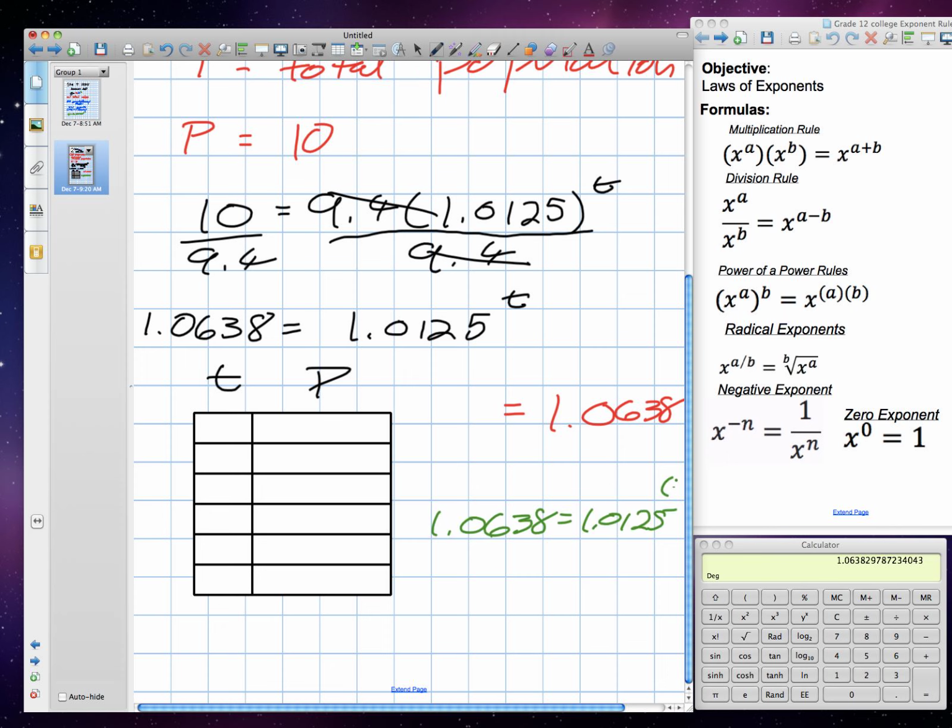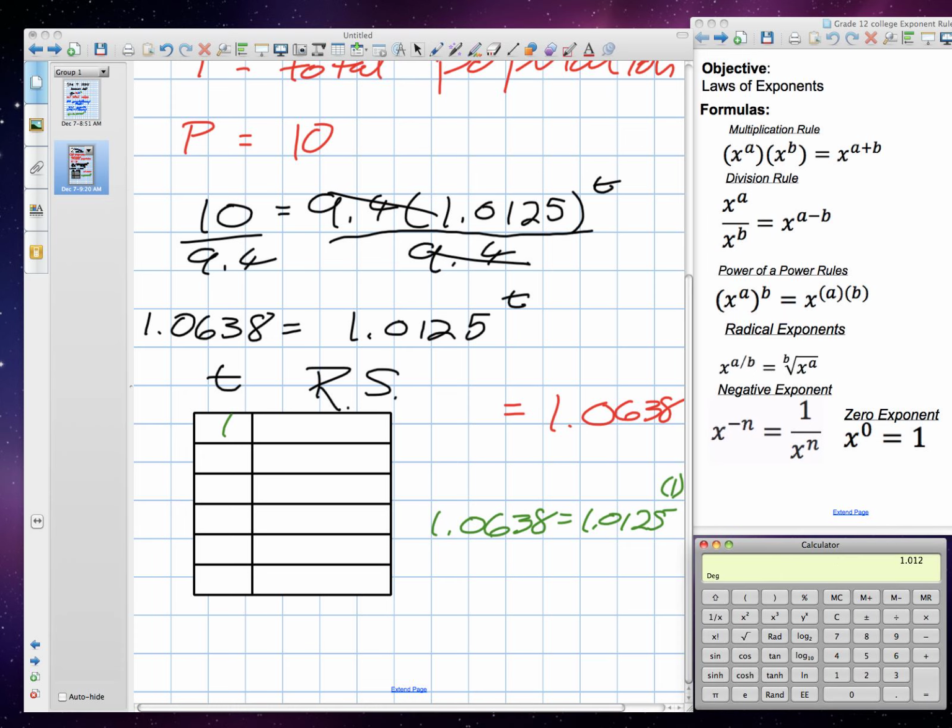So when t is 1, what does our right side of the equation equal? You know what? We're going to call this right side because technically it is in population, so I don't want to get you confused. This is the right side of the equation. 1.0125 to the power of 1 equals the exact same number. Okay? So we know it's definitely not after 1 year.